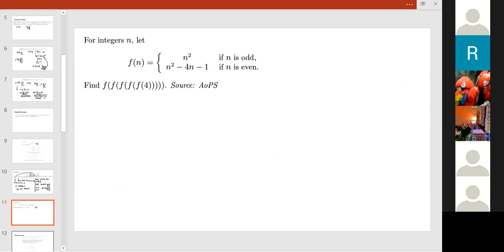So now, this is a checkpoint, so you guys can try it by yourself.